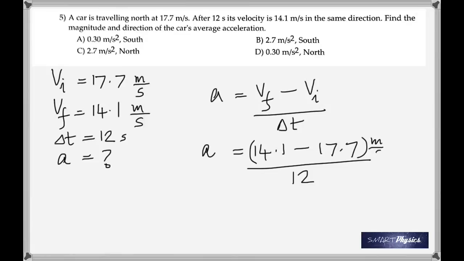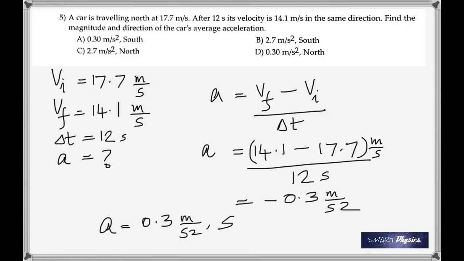That comes out to be negative because it's slowing down. So it's minus 0.3 meters per second squared, or it's plus 0.3 meters per second squared to the south. So remember that negative there, it shows that the acceleration is opposite to the direction in which the car is actually moving.